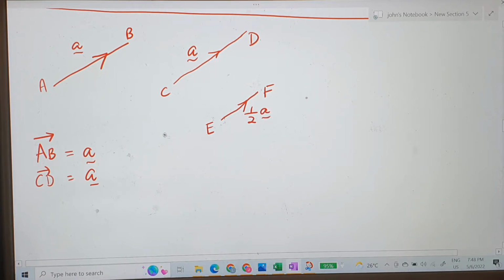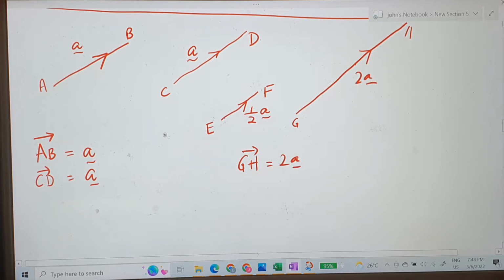Or if I have another line that is twice the length of AB, then I call this GH, and GH is pointing in the same direction, then GH is equals to 2A.